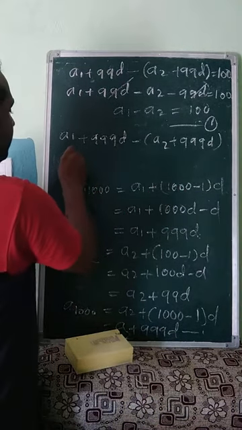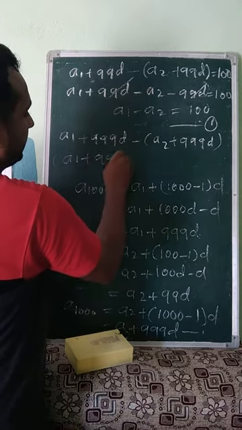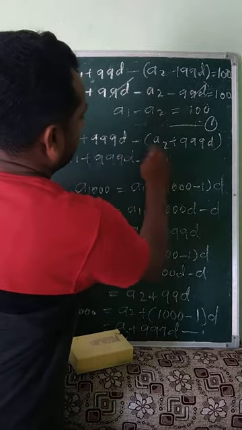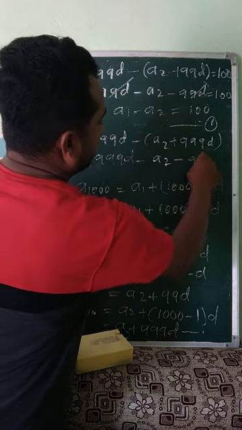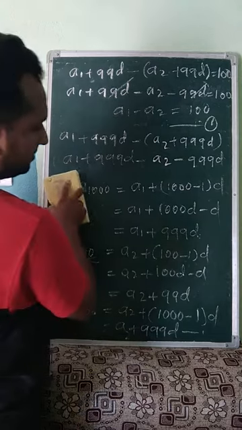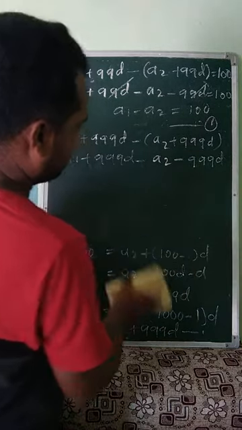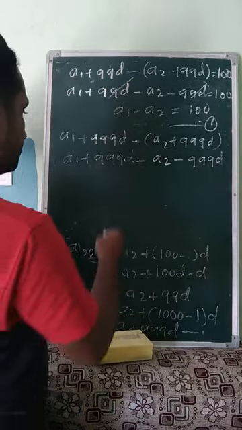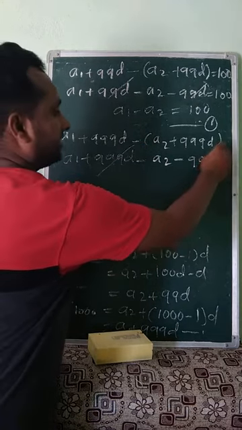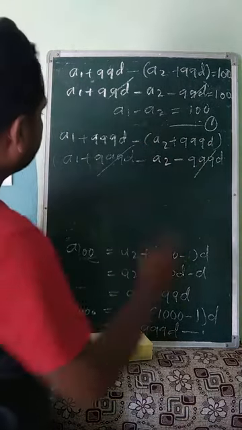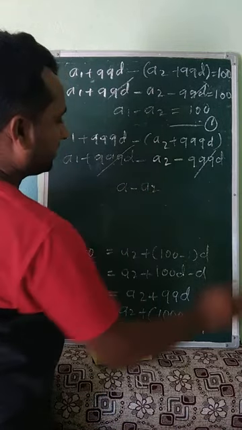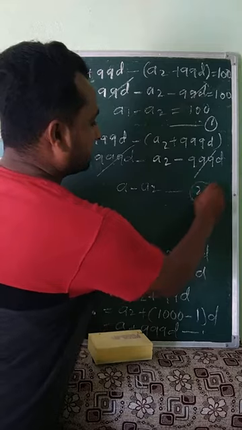Then open the bracket: A1 plus 999D minus A2 minus 999D. Clear? Now simplify this. 999D minus 999D gets cancelled. What is the remaining here? A1 minus A2. Clear? Now this is equation 2.